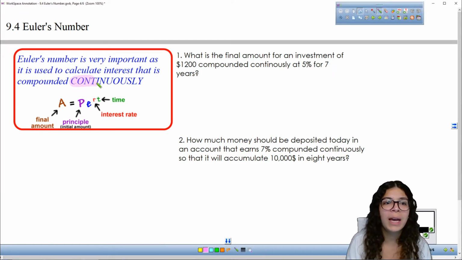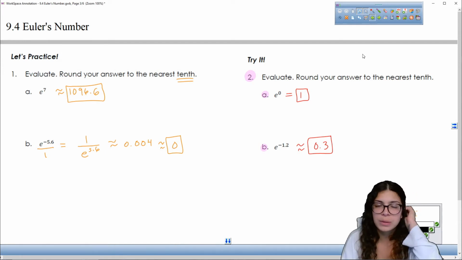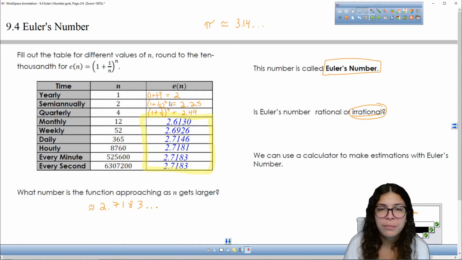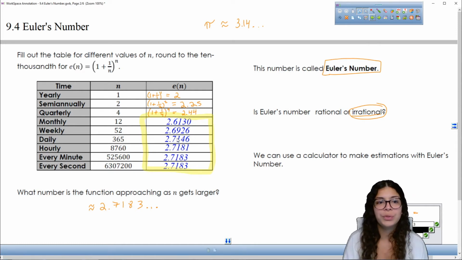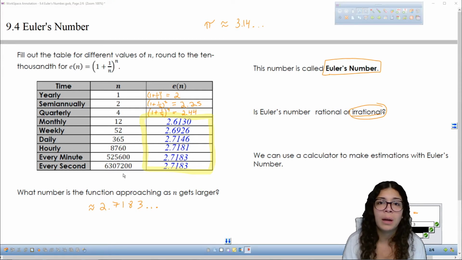Like you saw in the investigation we had for Euler's number, we found that it was getting closer and closer the more and more we compounded an amount of money in the account per year.